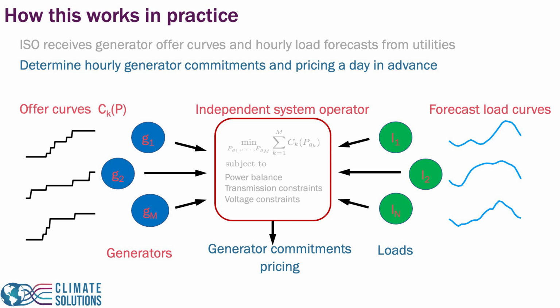And then they do a whole bunch of fancy math to figure out the optimal solution for purchasing the electricity at the cheapest price, but making sure the electricity is available for all of those forecasted demands. And then the generator commits to pricing, and that power is purchased for the next day.